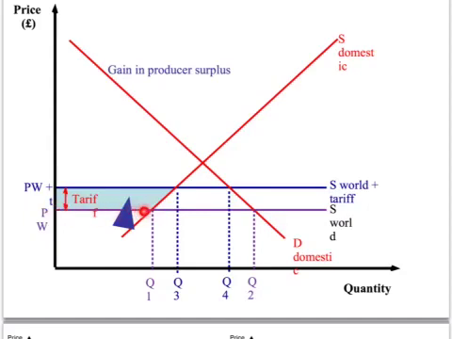So this is the price they received prior to the tariff, and this is the price they were willing to sell for. After the increase in price and the imposition of the tariff, we see that this area here is the gain in producer surplus.